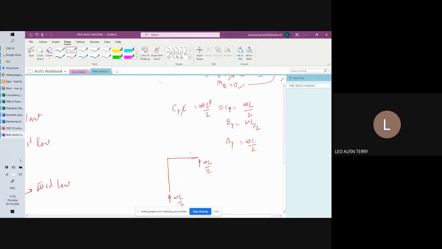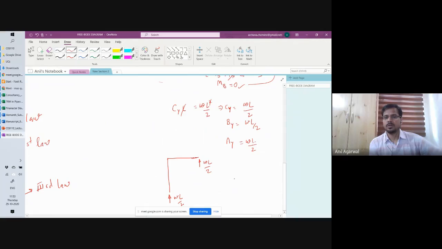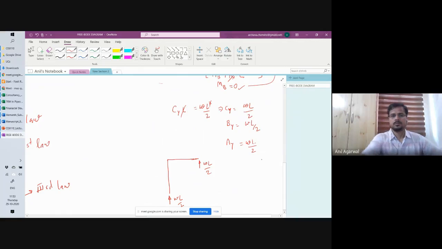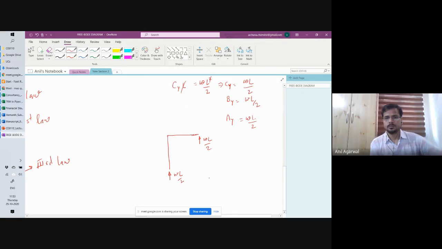If I want to draw the bending moment diagram, then I have to draw the internal forces also. So I take the horizontal member, BC probably. It has W acting here, WL by 2 acting here, and WL by 2 acting here.